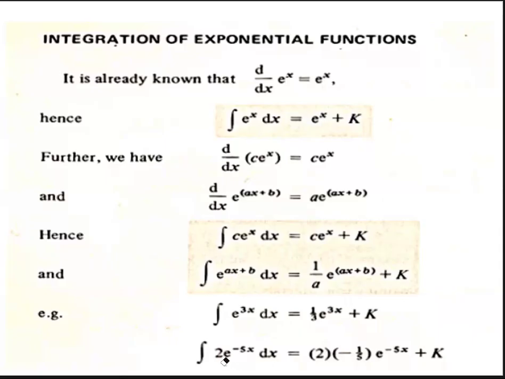Here, look at this one. This is an example where the coefficient of e is not 1. It's the number 2. So again, you write back e to the minus 5x, never trouble that, plus your k, but in front of it you have to have the 2.